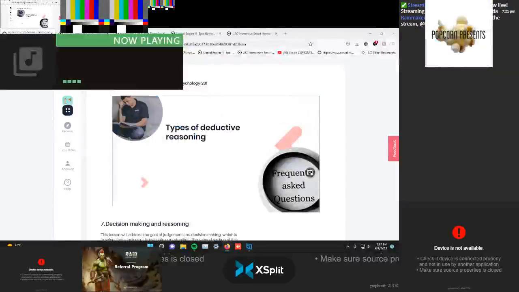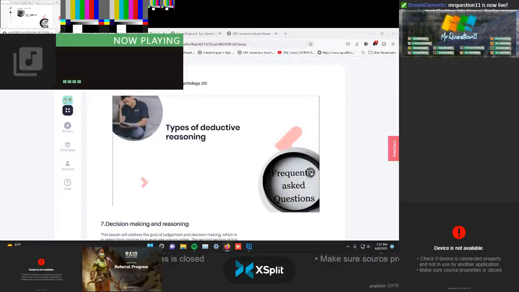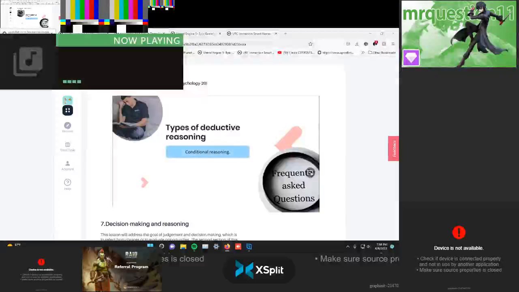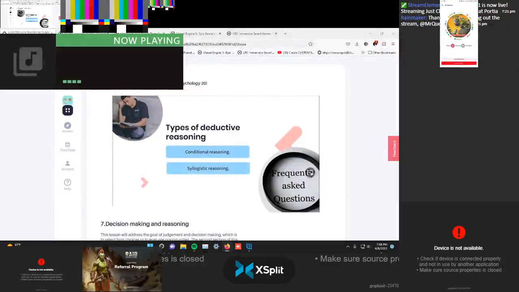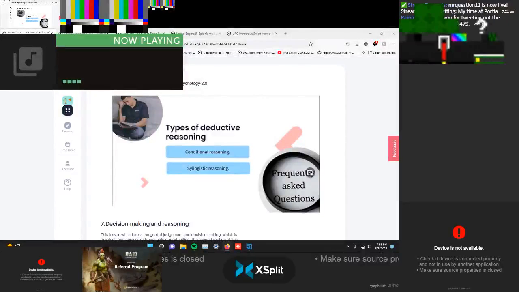There are two types of deductive reasoning, namely conditional reasoning and syllogistic reasoning. Let us start with conditional reasoning.